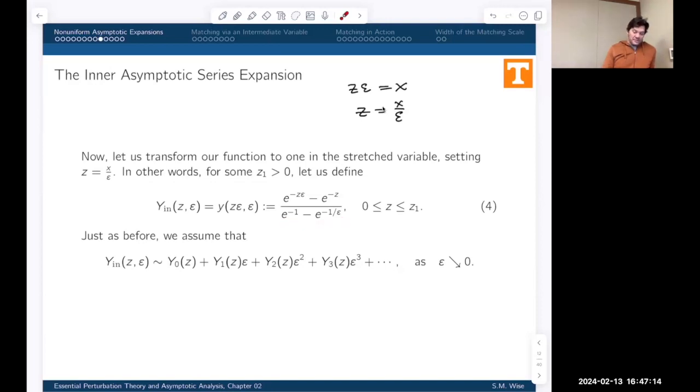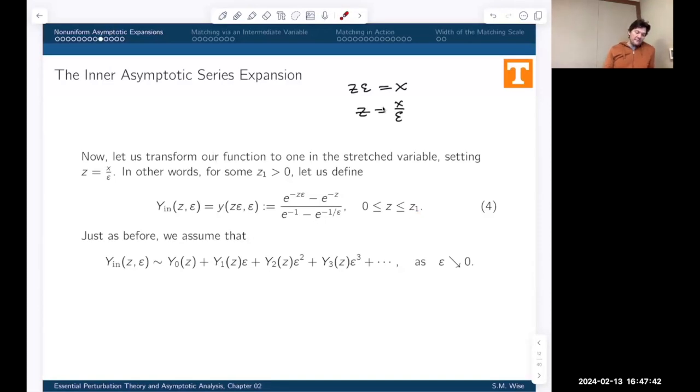And now we're going to be interested in expanding this function up to some finite z1. Okay? But notice that z1 kind of moves around as epsilon moves around. It wasn't like the previous one where when we fixed x1, we fixed the interval over which we were looking. This one is a little bit different because z1 moves as epsilon moves.